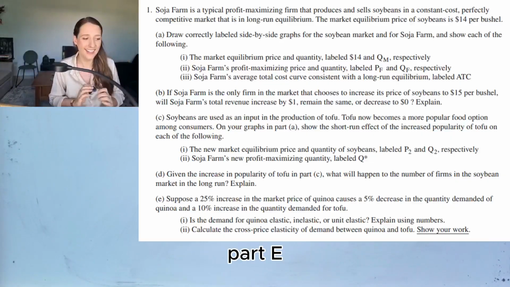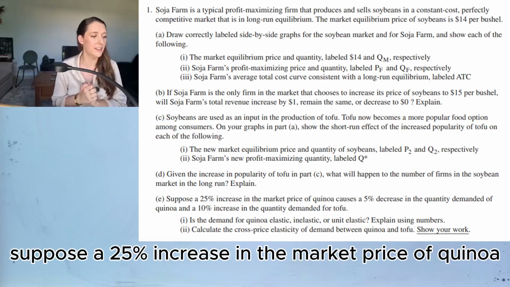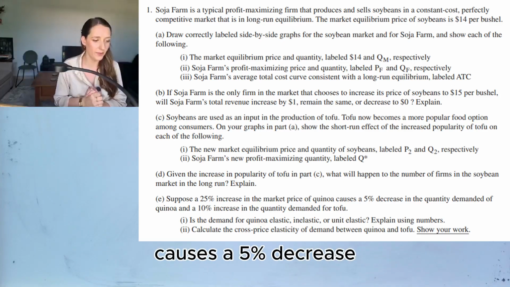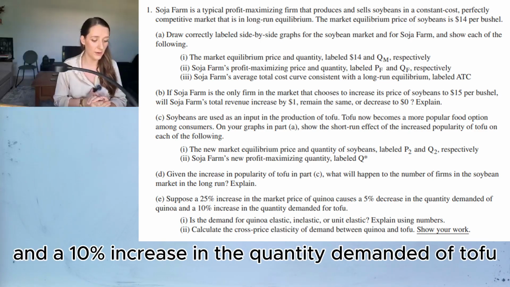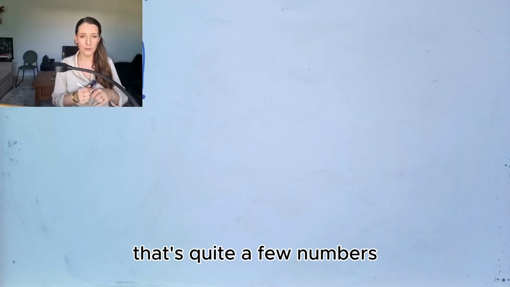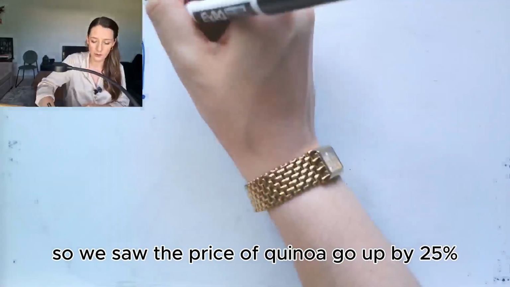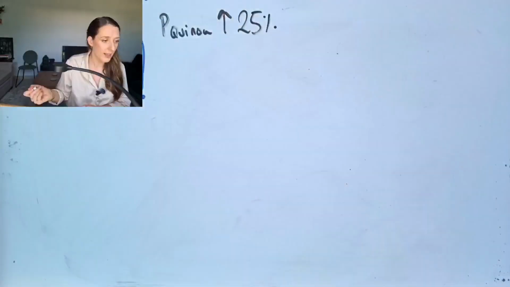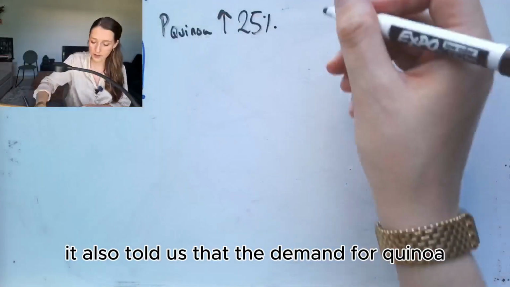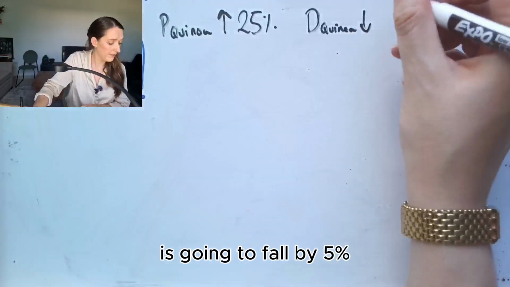Okay. Part E. Suppose a 25% increase in the market price of quinoa causes a 5% decrease in the quantity demanded of quinoa and a 10% increase in the quantity demanded for tofu. That's quite a few numbers. Let's get those down. So we saw the price of quinoa go up by 25%. It also told us that the demand for quinoa is going to fall by 5%.